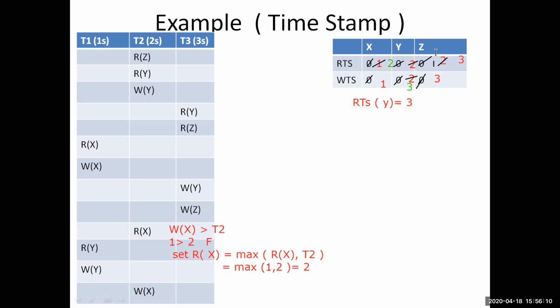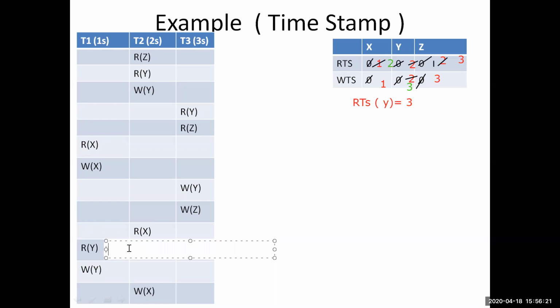Then I'll check for read of y. The condition we are supposed to check is write of y greater than T1? What is write of y? The updated value is 3. Is 3 greater than 1? Answer is true. If the answer is true, that means the operation is rejected.